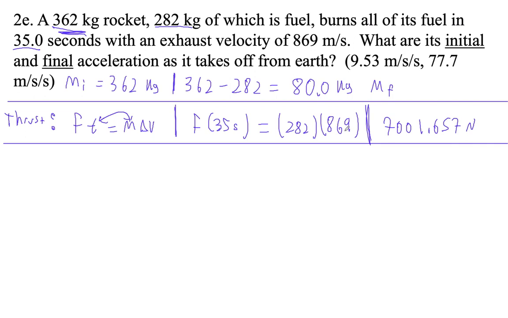Okay? Now the next thing is, and this can't be underrated either, right? Let's find the initial weight, the force of gravity to begin with. I don't know what to call it, the figgy. Okay, and that's going to be 362 times 9.81. And that's 3551.